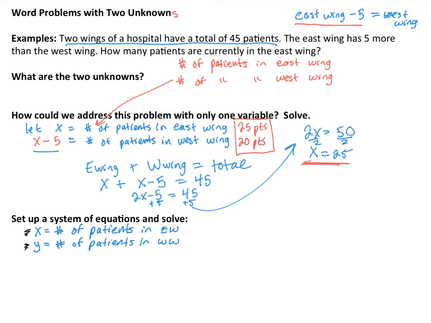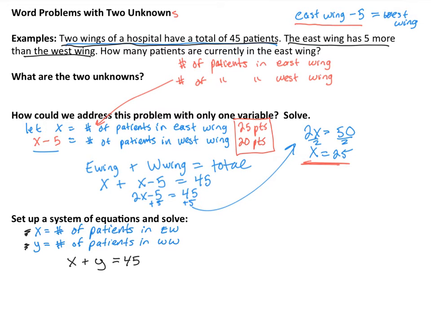And we can do that actually, right? We know that, in this case, the two wings of a hospital have a total of 45 patients. So that means if I take x and I add y to that, the total number of patients is going to equal 45. That's the first equation. And we also know the East Wing has 5 more than the West Wing.